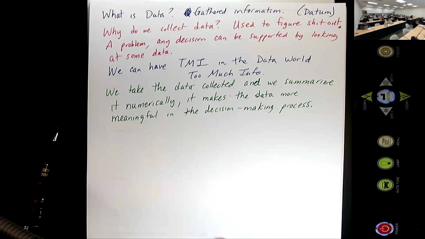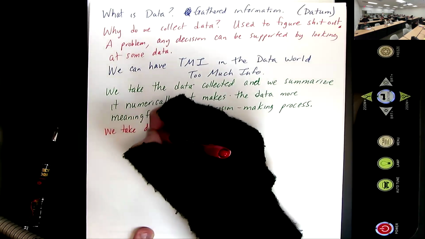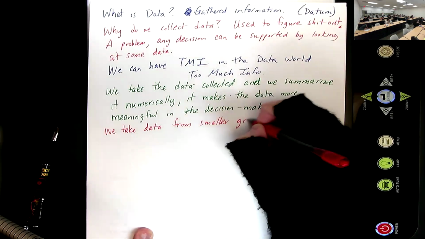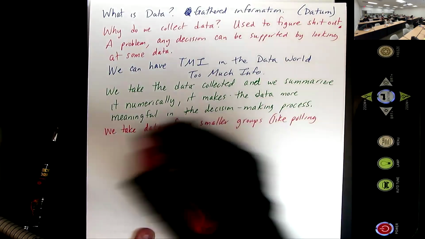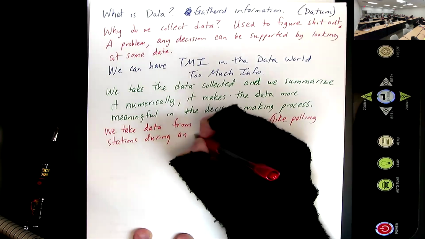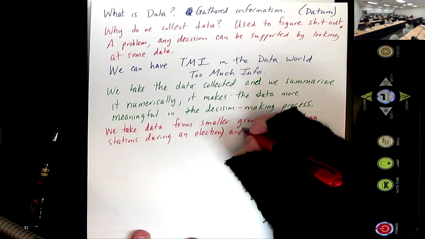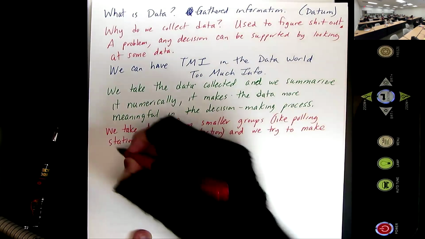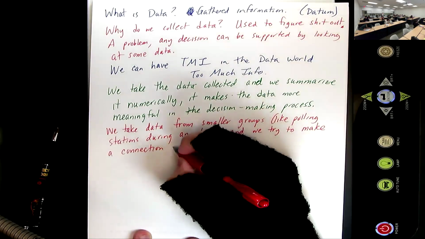And what we try to do is take data from smaller groups, like polling stations during an election, and we try to make a connection to the rest of the population, to the overall result, to the group as a whole.